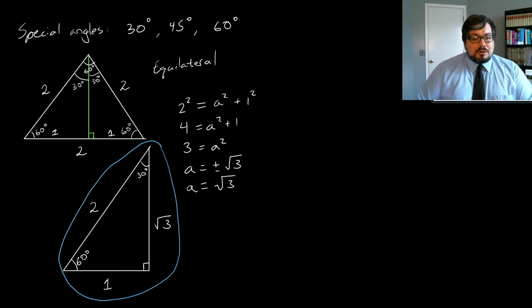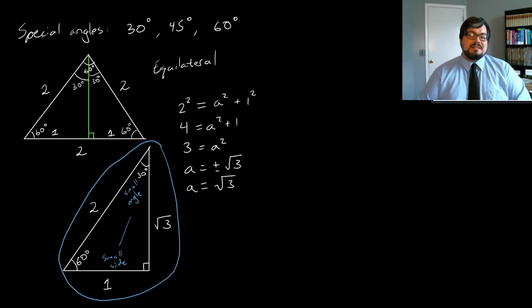Now, to remember the way that all of these angles are set up, remember that when you have a small angle, that has to be opposite a small side. So the 30-degree angle is a small angle.